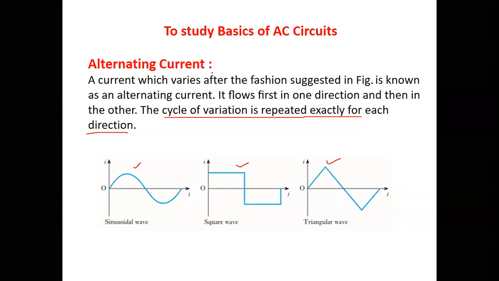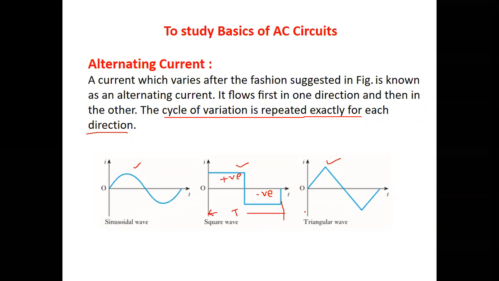What is alternating current? The positive half cycle should be a mirror image of the negative half cycle. These positive half cycle and negative half cycle together are called one cycle, which will be continuously repeated.